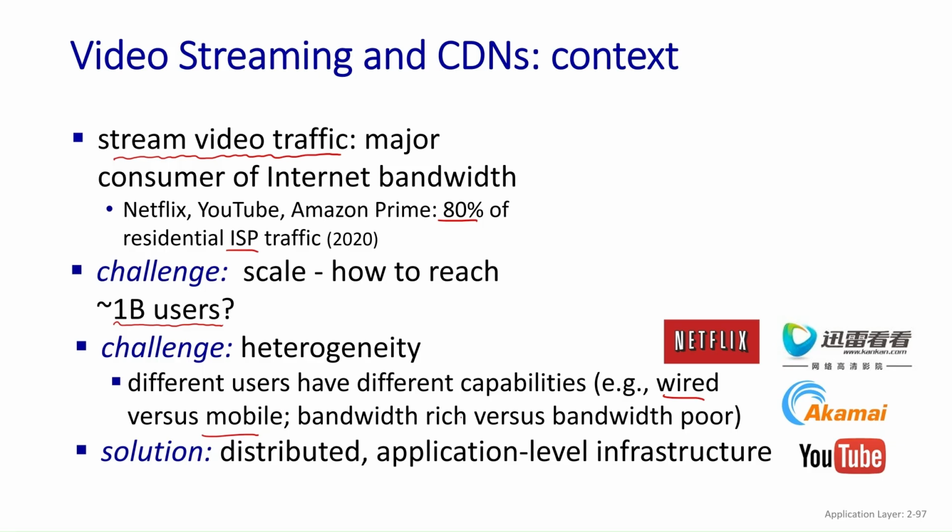Some users have rich bandwidth while others have poor bandwidth. So it is challenging to provide video streaming services, which make up 80% of residential ISP traffic, considering that different users have different network types and bandwidth availability.